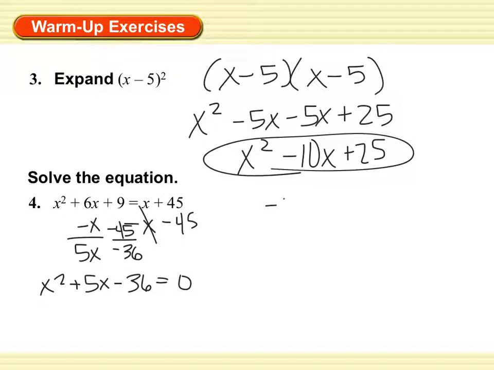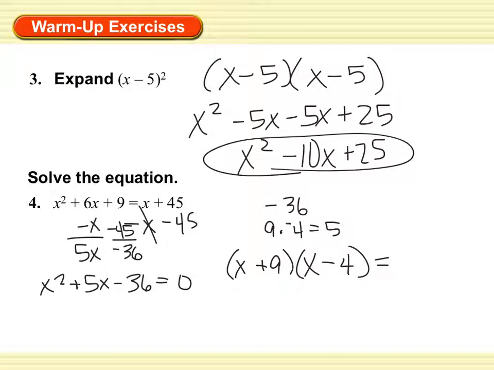So I need two numbers that multiply to -36 and add to 5. I'm thinking -4 and 9. -4 times 9 is -36, and if I add those, I get 5. So go ahead and split that up. X plus 9, x minus 4 equals 0. Therefore, x equals -9, and x equals 4.